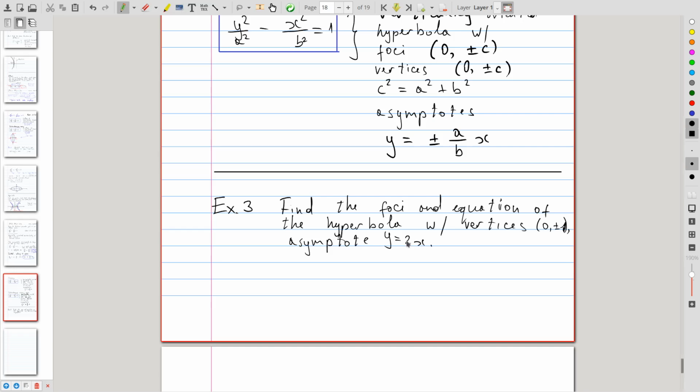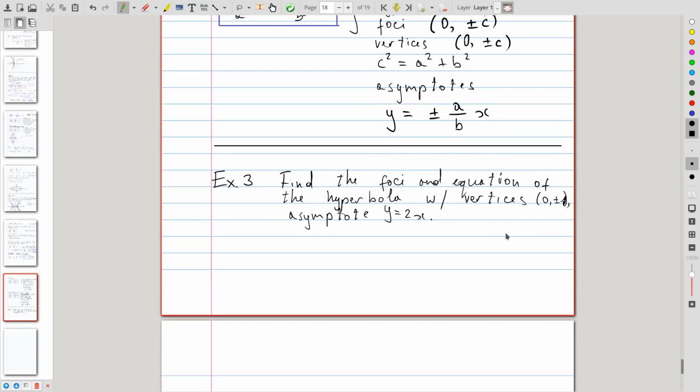Okay, so this problem doesn't give us two asymptotes, it only gives us one.